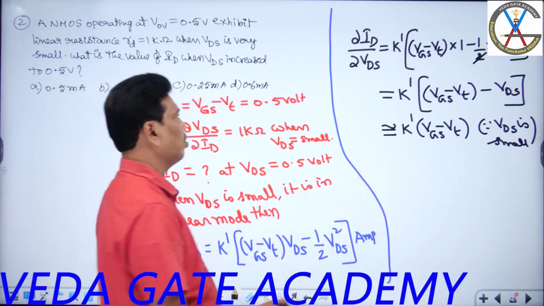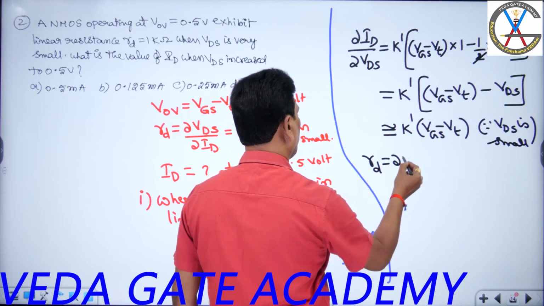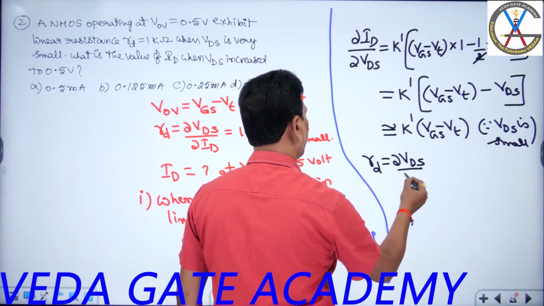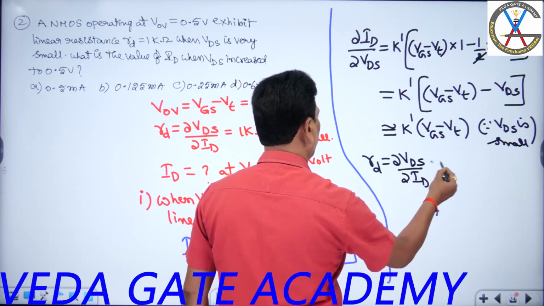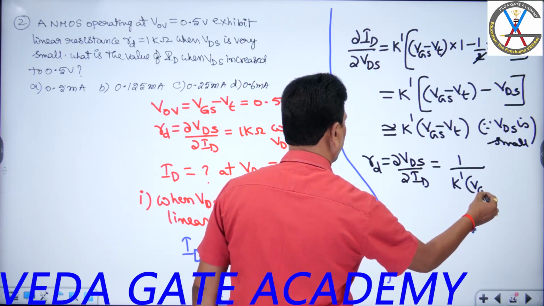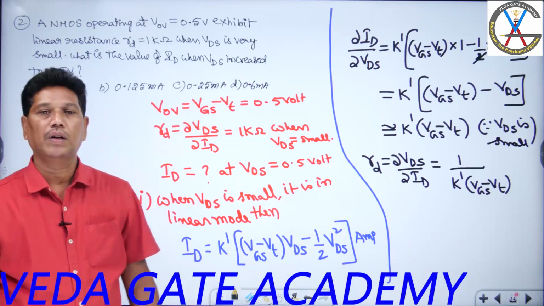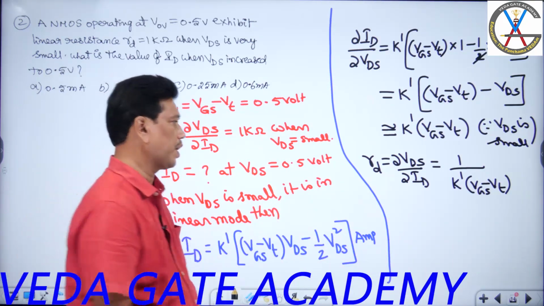Okay. So now I can go for RD equal to dou VDS by dou ID, that is equal to 1 by K dash into VGS minus VT. Confirm? Okay. Now I can go for what is K dash.